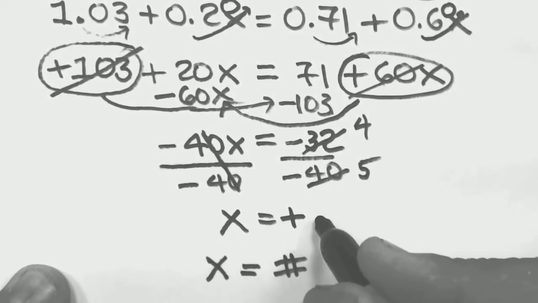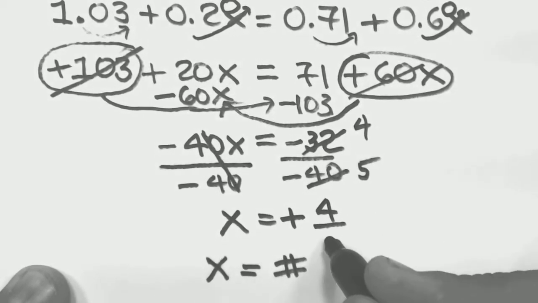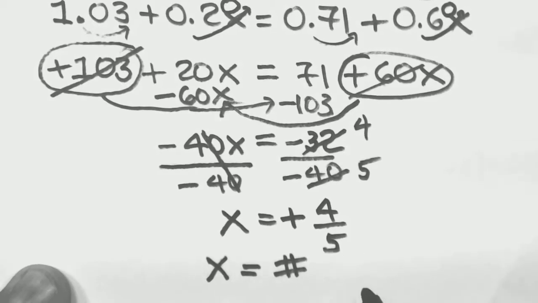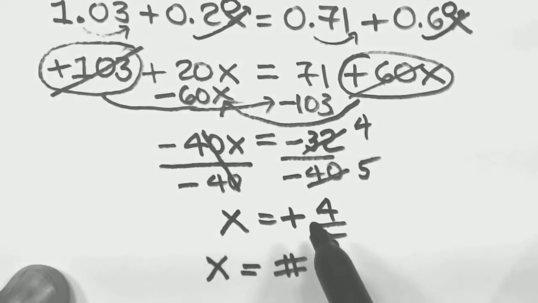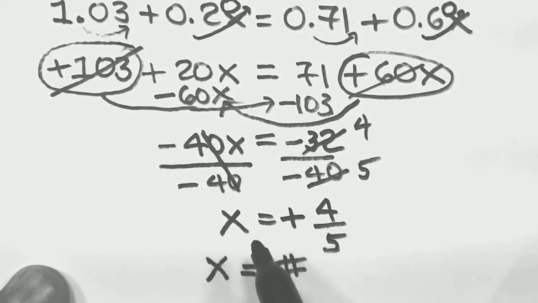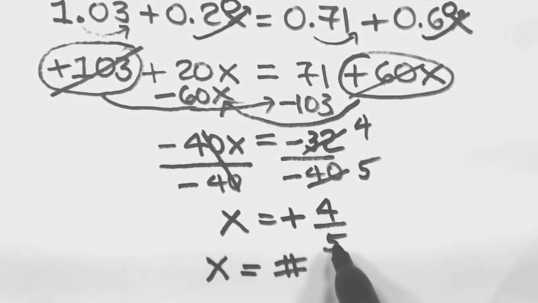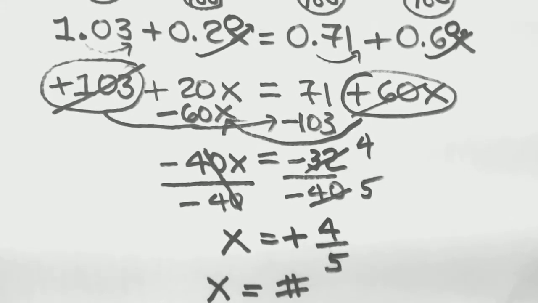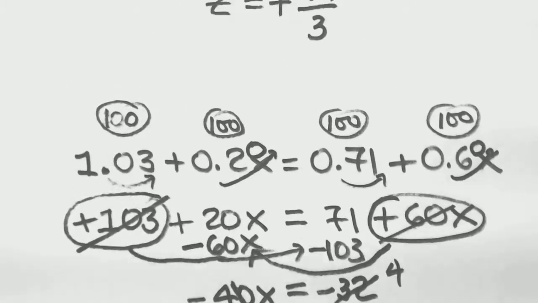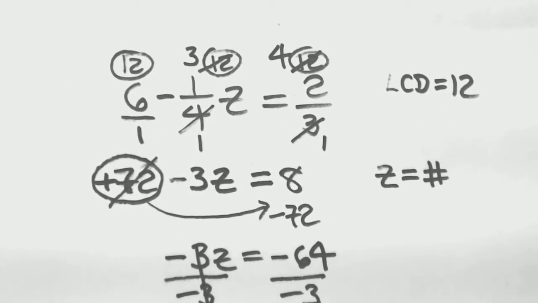So we end up with x equaling 4/5. Now, you could write that as a decimal if you want, or leave it as a fraction like this, and there we are. Okay, well, we've demonstrated to you how to clear out decimals and how to clear out fractions.